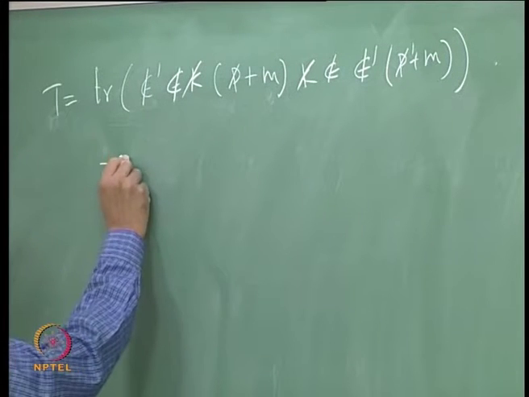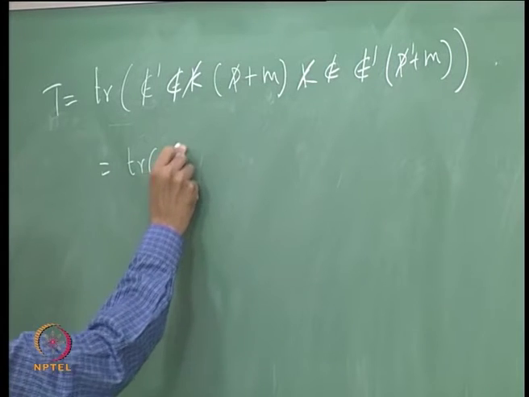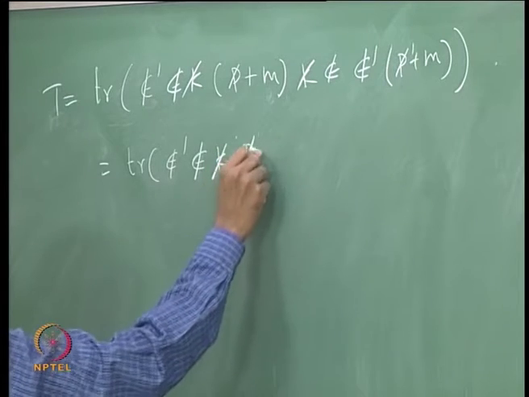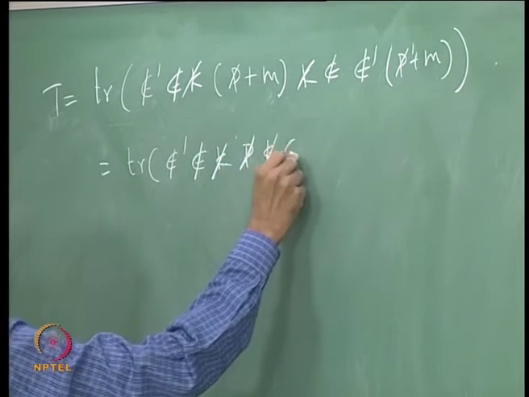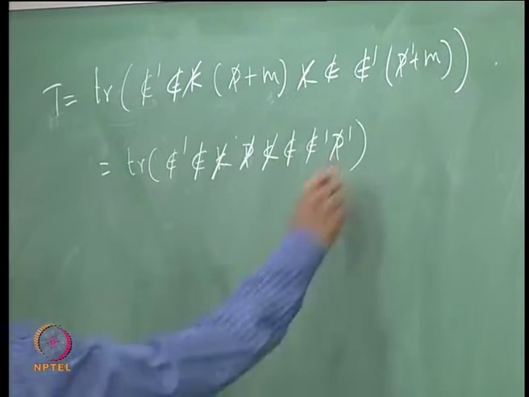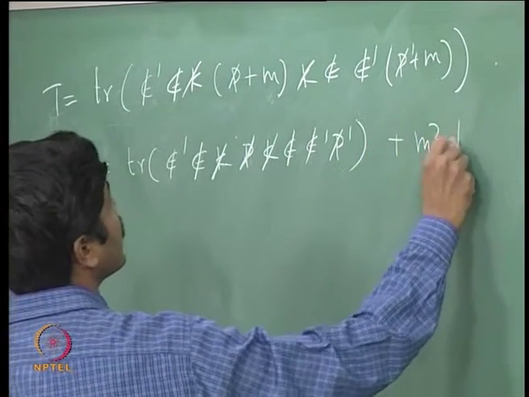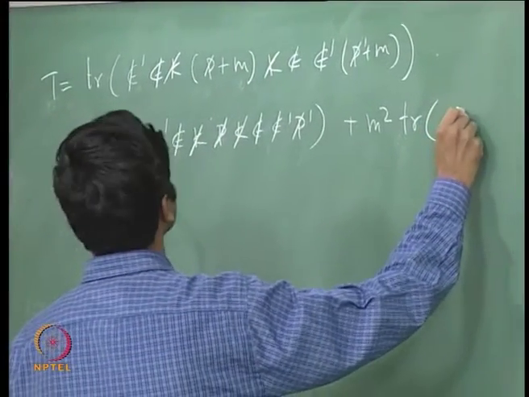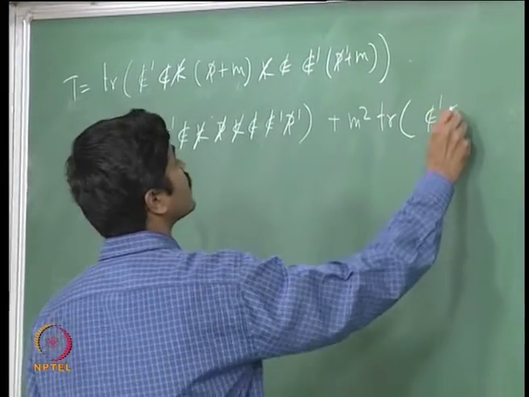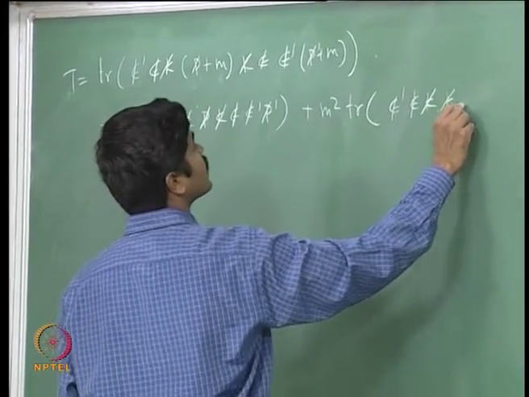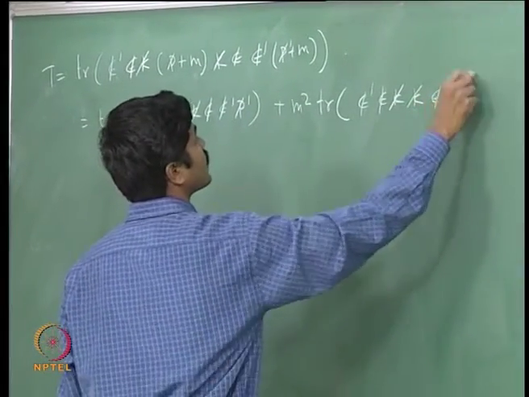Therefore, what I have here is trace of epsilon prime slash epsilon slash k slash p slash k slash epsilon prime slash p prime slash, that is the first term, and the second term is m square trace of epsilon prime slash epsilon slash k slash k slash epsilon prime slash.